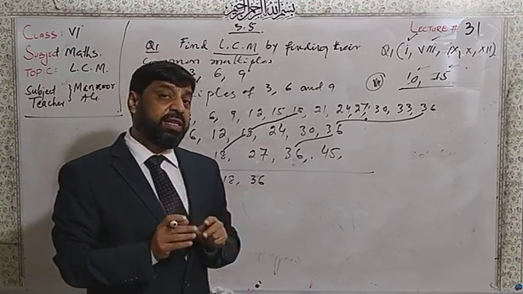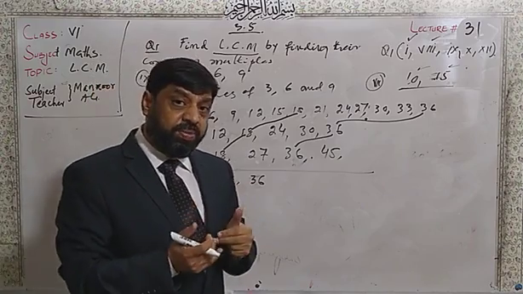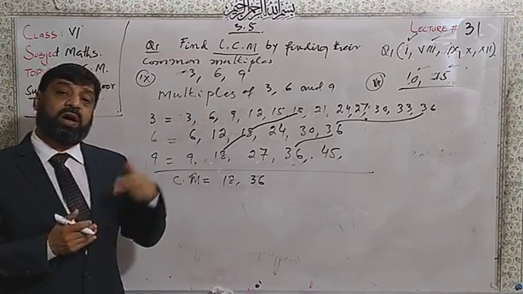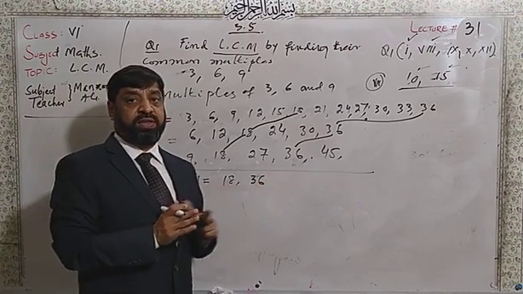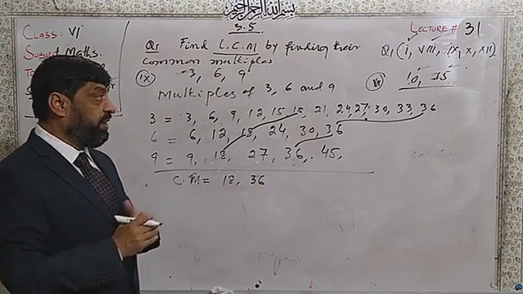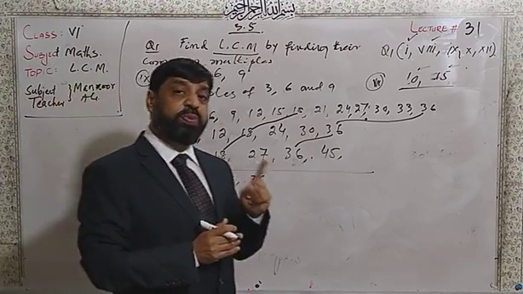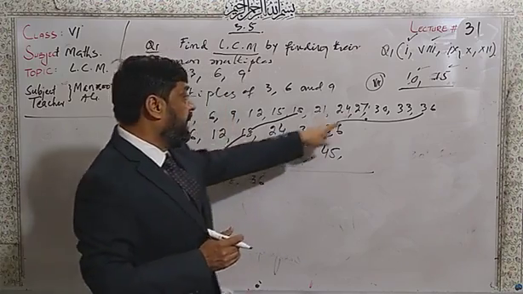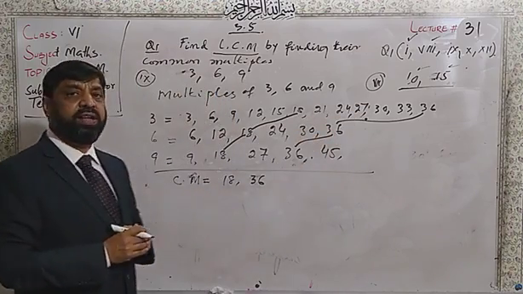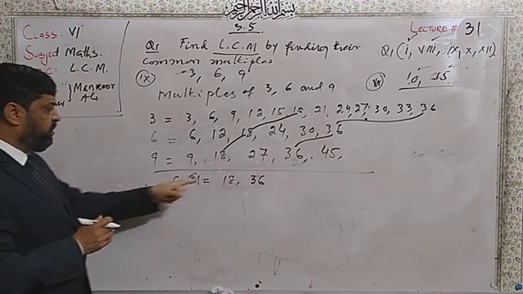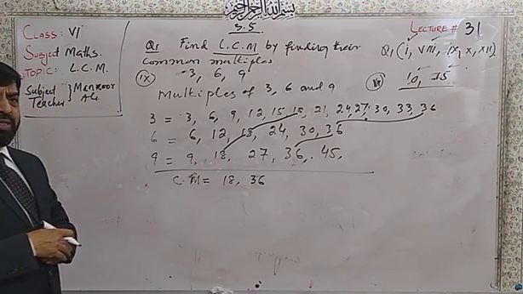It is the condition that a number you see as common must be present in all the respective values. So that's why 27 is not common, because it is present here and here, but in the middle one, it is not. So I will take here 18 and 36.